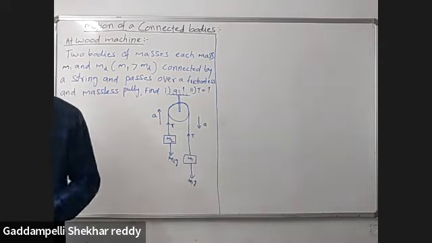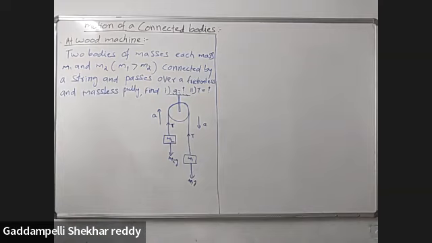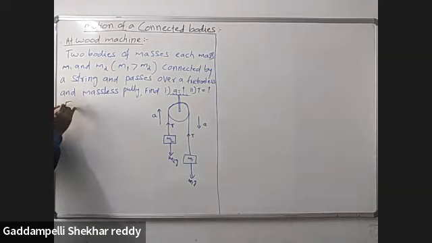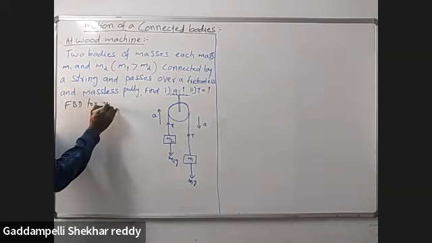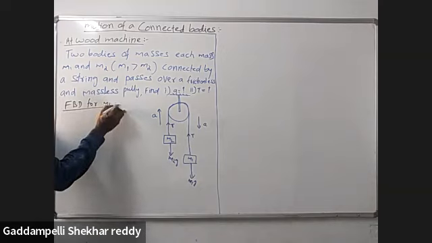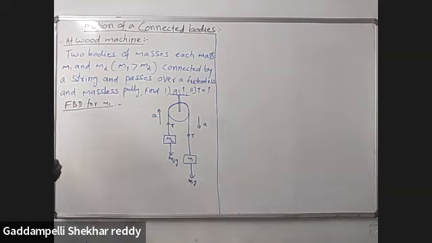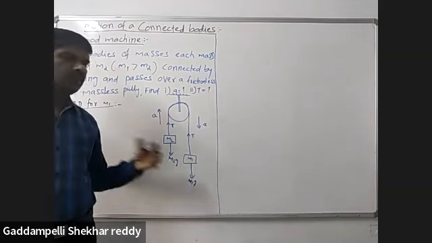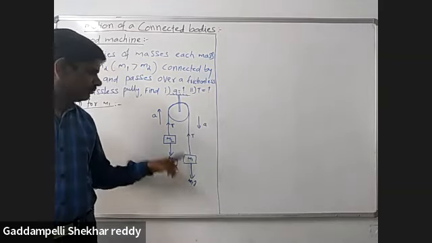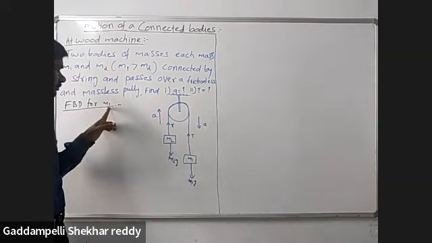So initially, draw the free body diagram, FBD, for mass m1. What is a free body diagram? This is a two-mass system. In this two-mass system, our aim is the free body diagram for m1.